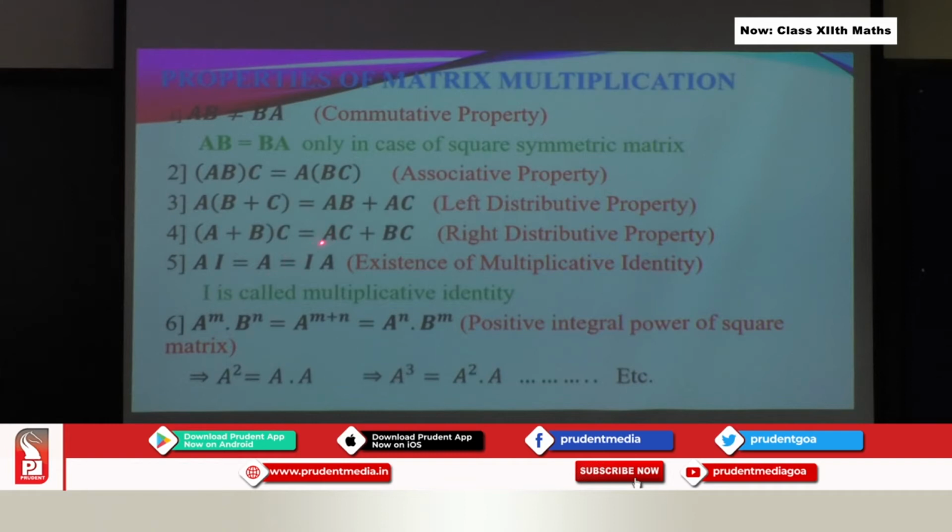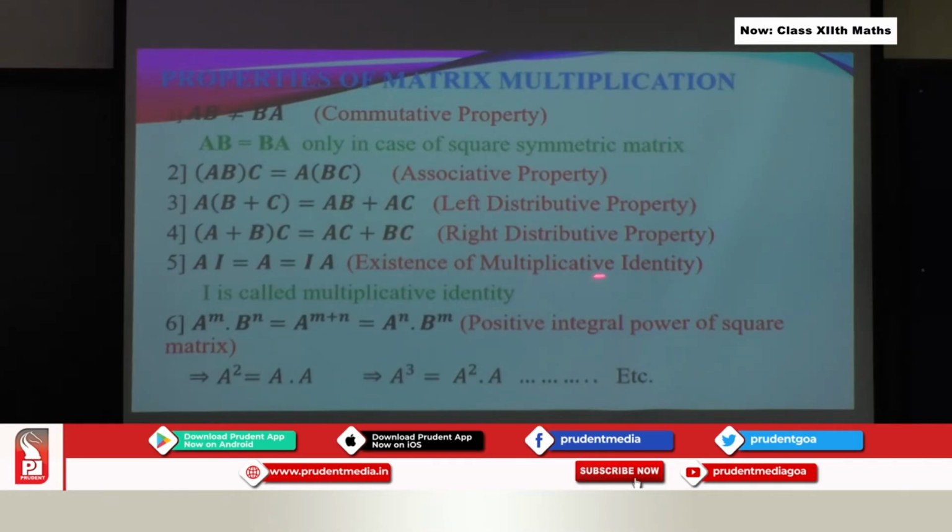So you are getting AC, not CA. From the right it is getting distributed, so AC plus BC. You cannot write CA, it is AC only. You cannot write CB, it is BC only. Why? Because the commutative property does not hold good over here.